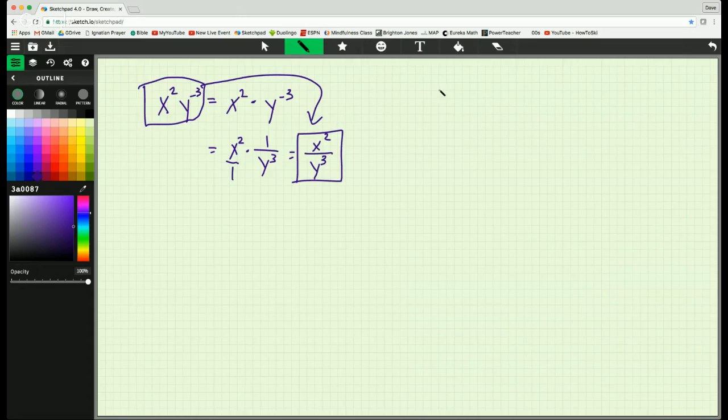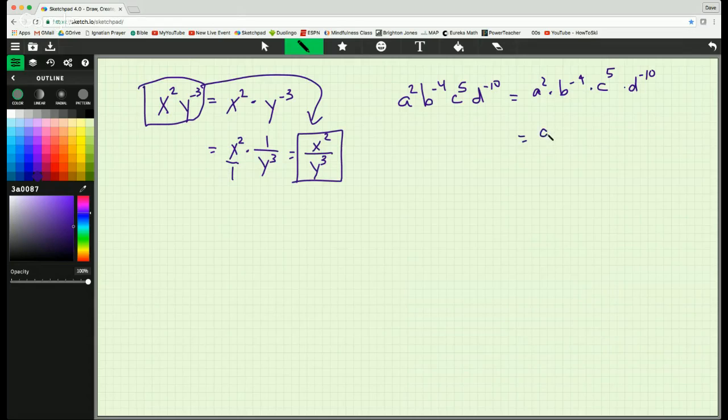Now watch how this works. I'll just do a more sophisticated one right now. Let's do a squared, b to the negative 4, c to the 5th, d to the negative 10th. That's just a squared times b to the negative 4th times c to the 5th times d to the negative 10.